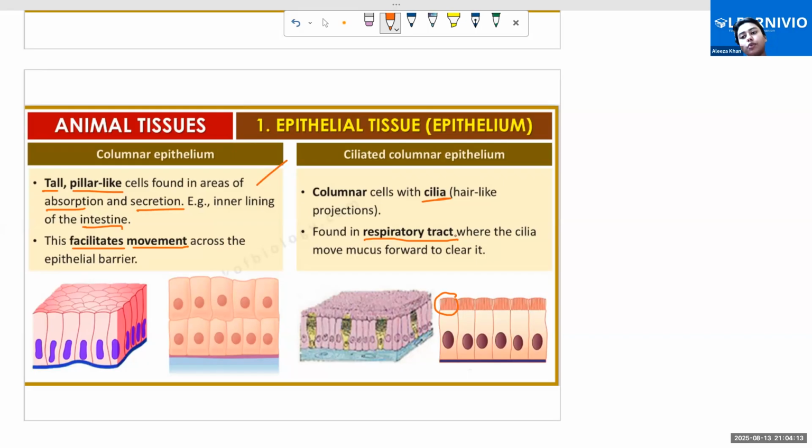Do you want me to draw the diagram of the respiratory tract, or have you understood it? Ma'am, you can draw it. Okay.